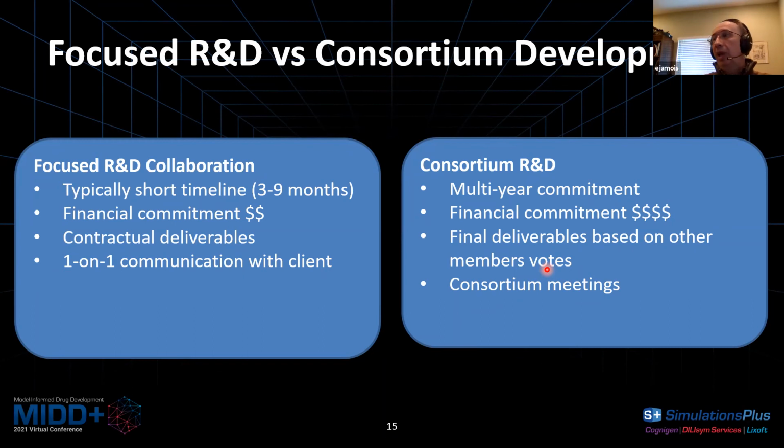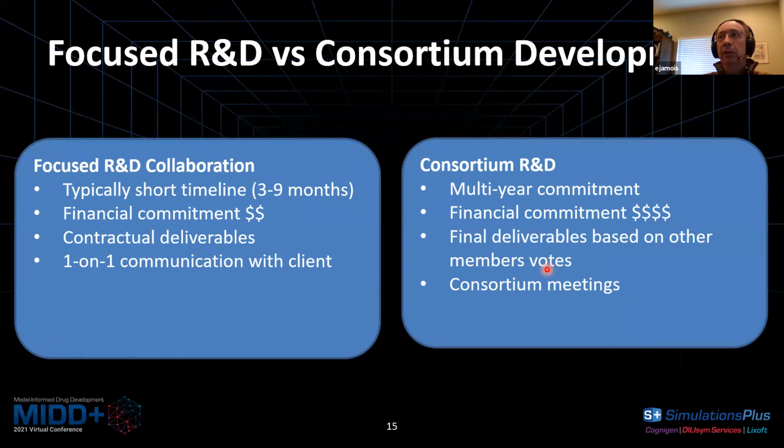A legitimate question is, well, how is it different from other forms of R&D collaborations? How is a focused, what we call a focused R&D collaboration, different from a consortium? It differs in a few ways.